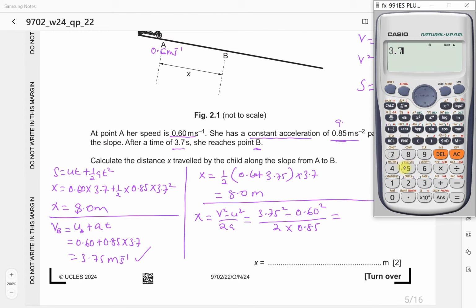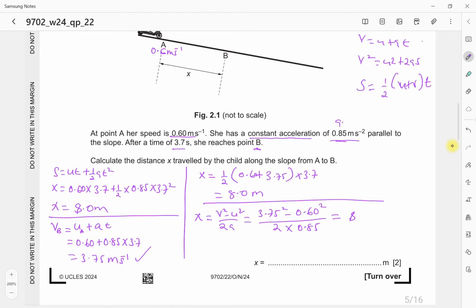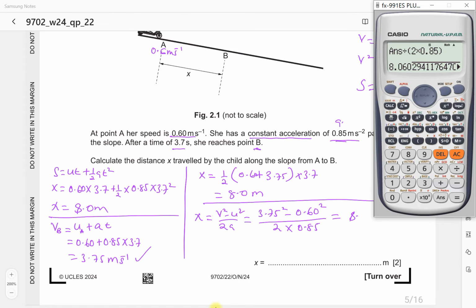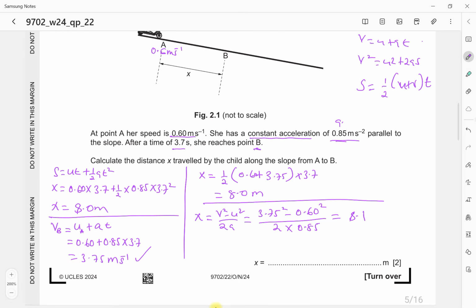So 3.75 squared minus 0.6 squared divided by 2 times 0.85. So it is the same. To two significant figures, actually, this one is giving me 8.1. Approximate, or 8.06 meters.